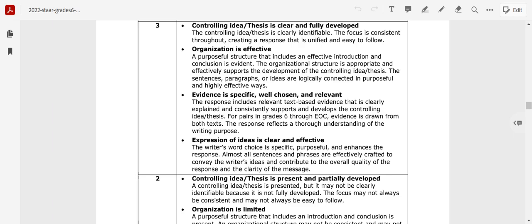And I think with sixth grade, the transitions are really important. Students are going to need those transitions to really make the writing flow. I think they also really need to focus on having a strong, solid introduction that could even be multi-sentence, and solid conclusions that wrap it up that are also multi-sentence.